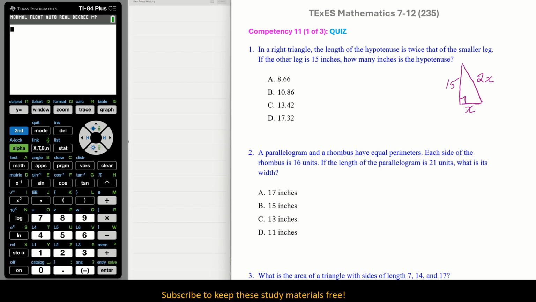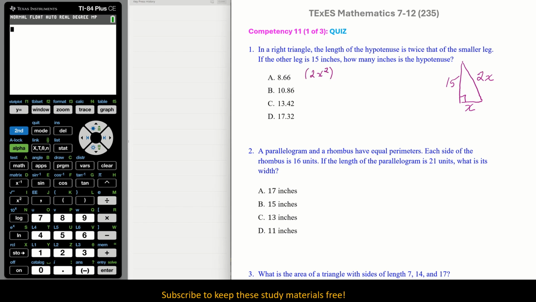So this means that we have (2x) squared equals x squared plus 15 squared. I can already see what we're going to do, but let's go ahead and rewrite. Oh, actually, I need to clean this up.